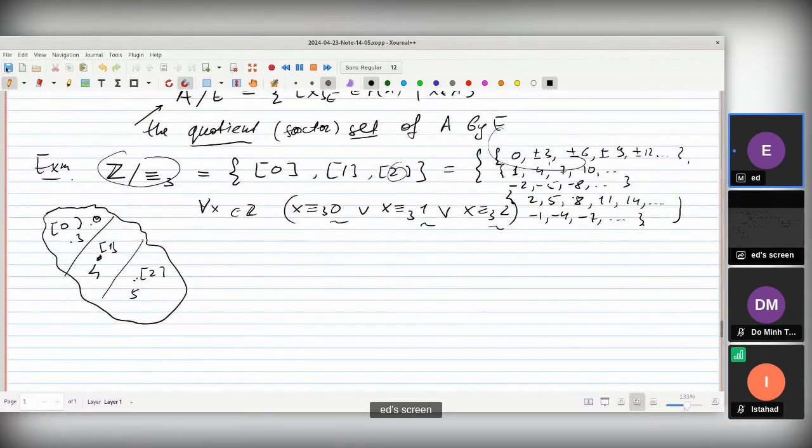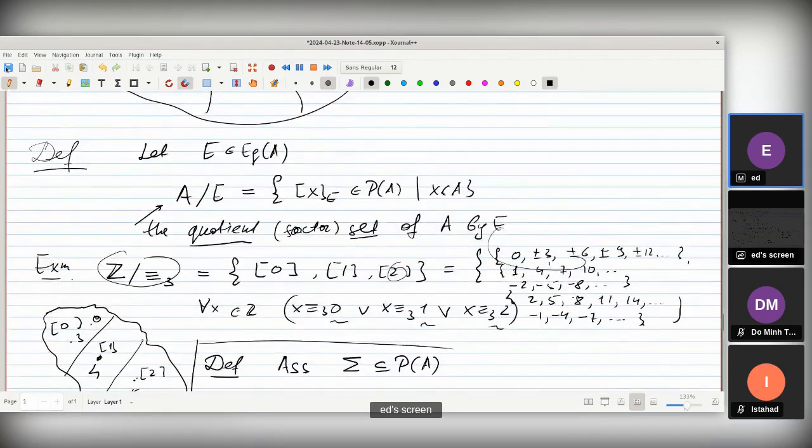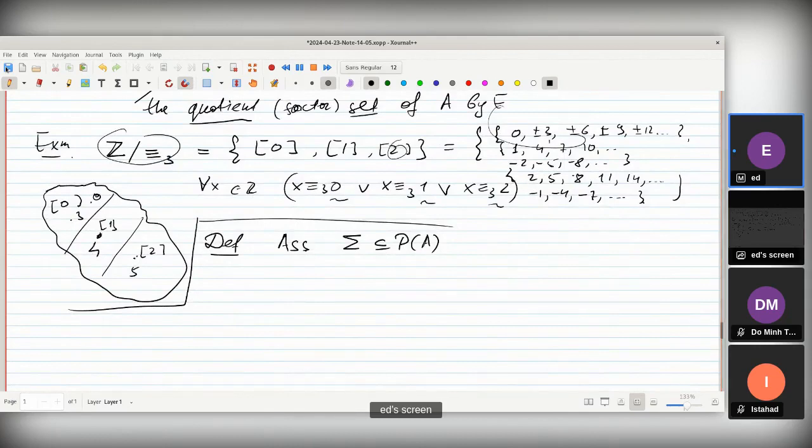We can define partition abstractly. Let us do that. Assume that sigma is some set of subsets, for example, like our quotient set, which is a set of subsets.